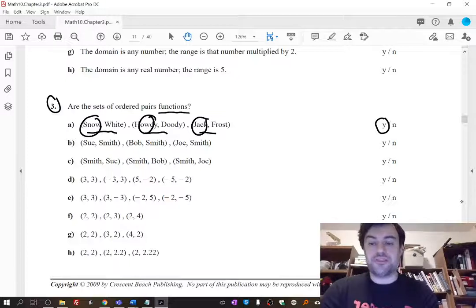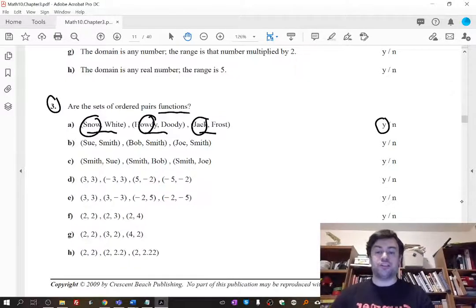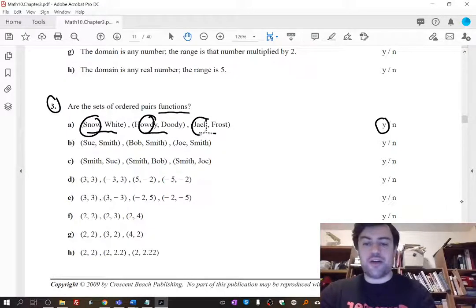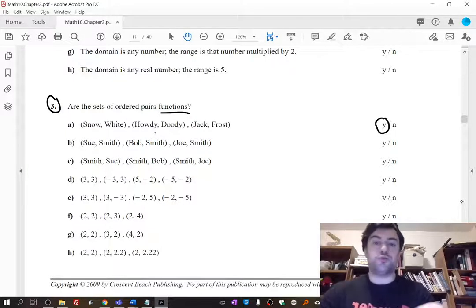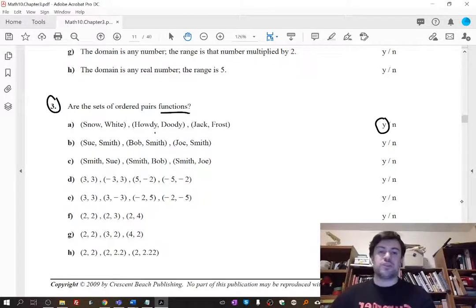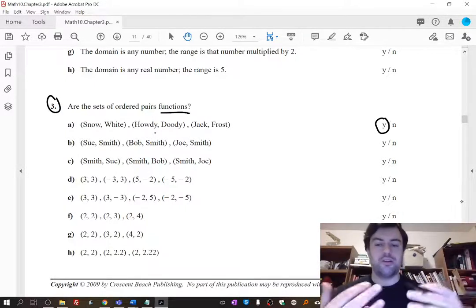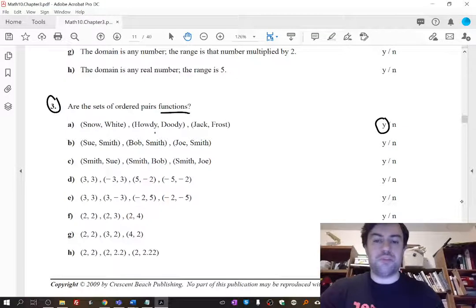I'm not getting Snow in multiple ordered pairs, or Howdy or Jack for that matter. So that's how I'm discerning the answers. I guess I could also say this is a one-to-one function. Each one of these names corresponds to exactly one other name, and they're never in between meeting.